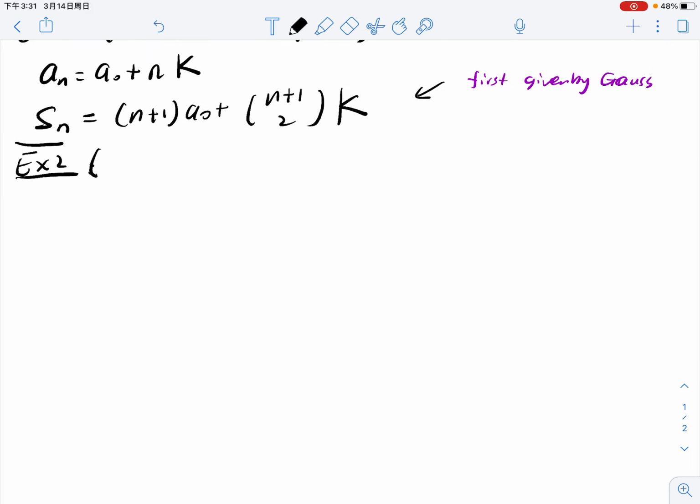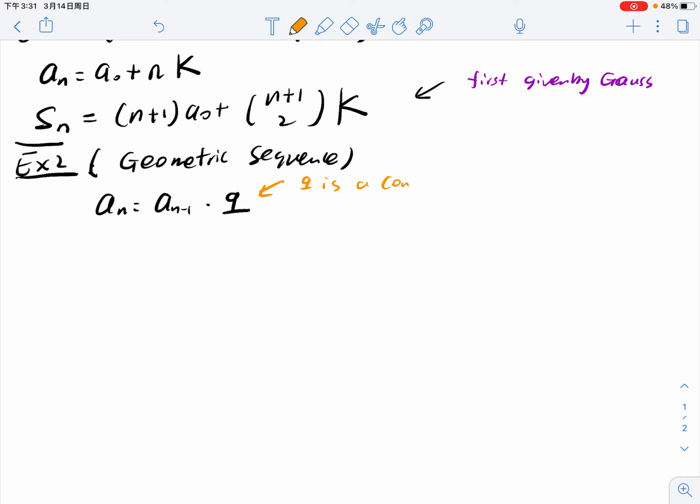And then the second example is the so-called geometric sequence. In this case, the quotient of adjacent items is a constant, or we can represent the formula in this way, where Q is a constant.